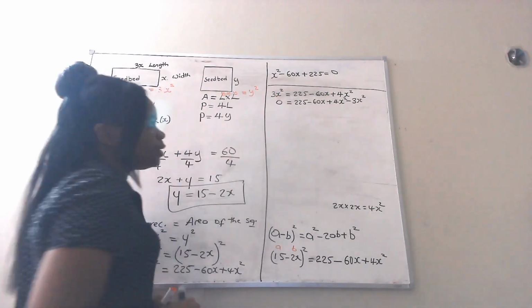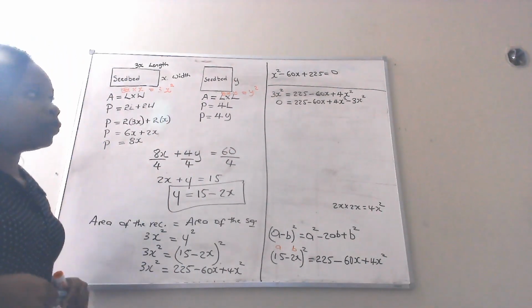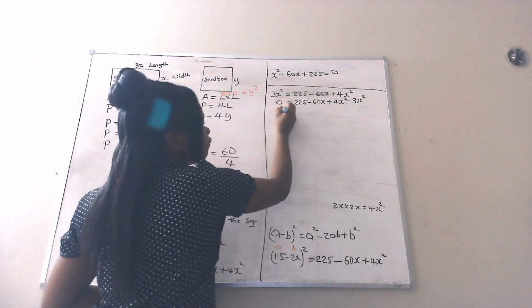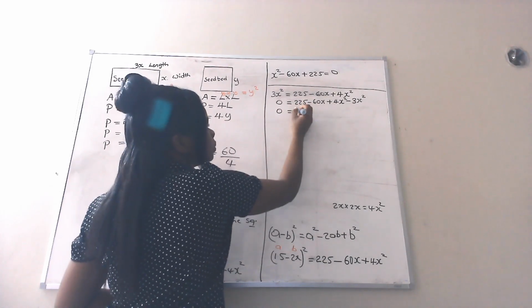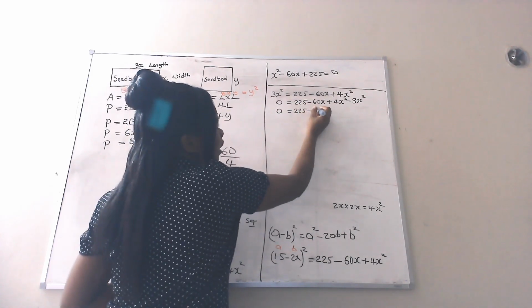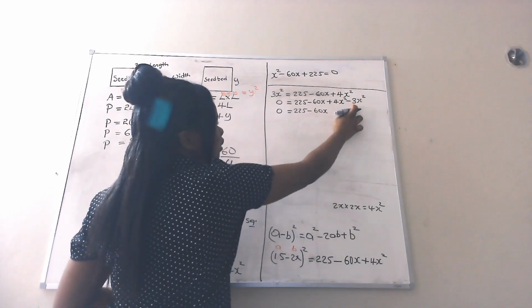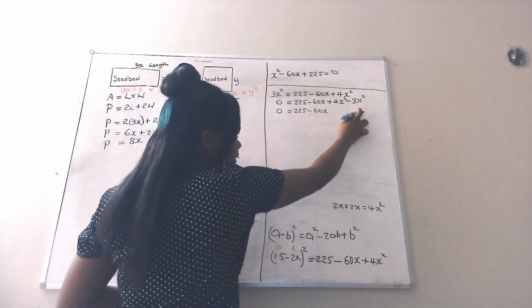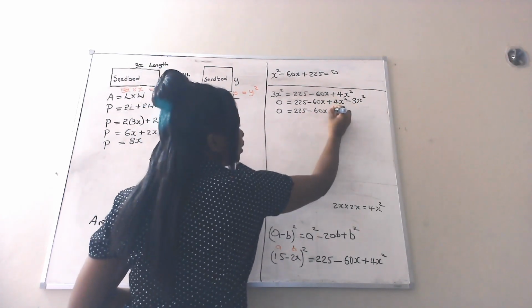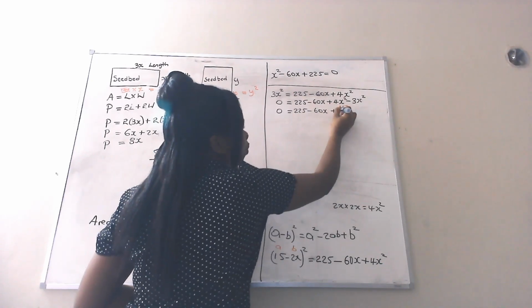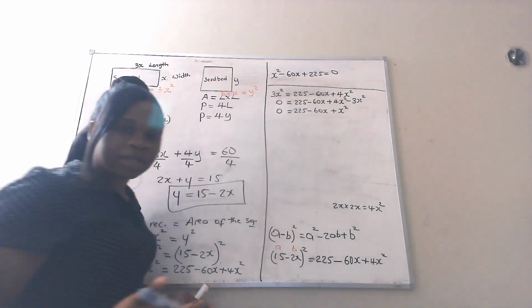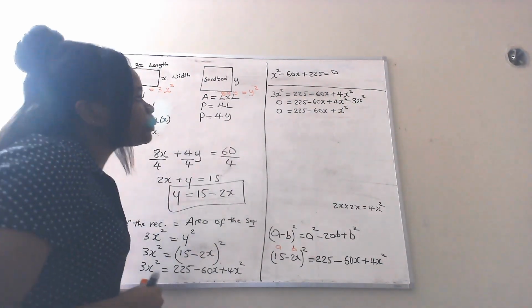And all of that is equal to 0. So let's further simplify. 225 minus 60x, and subtracting 3x squared from 4x squared is equal to 1x squared. 1x squared is the same as x squared.